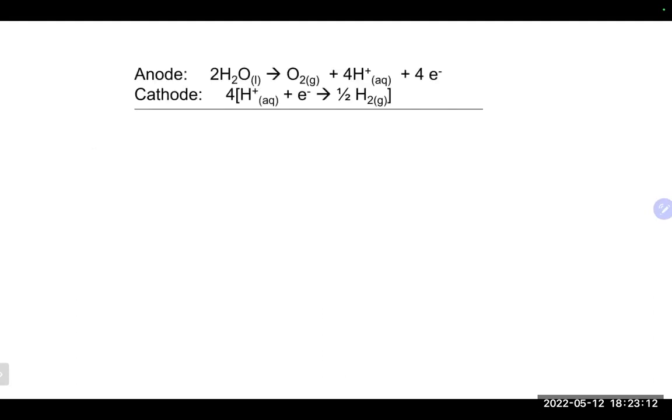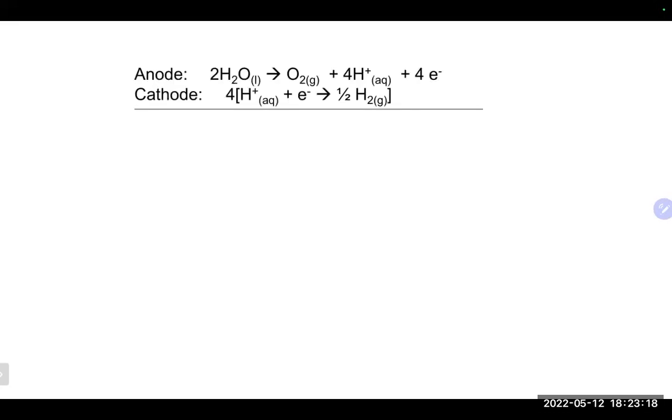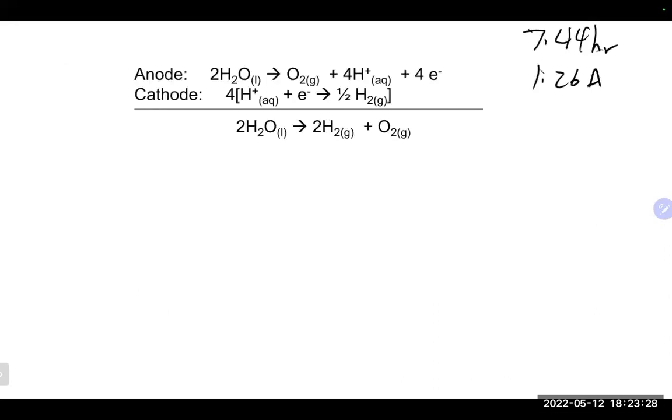So we're going to run this cell for 7.44 hours at 1.26 amperage, and we want to know the volume of oxygen gas and hydrogen gas at STP.